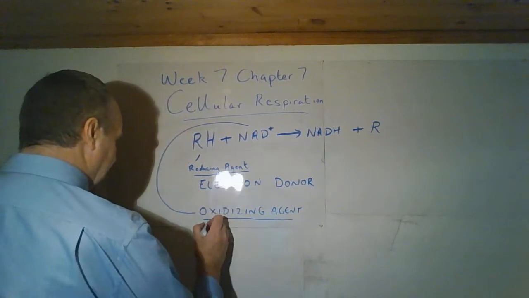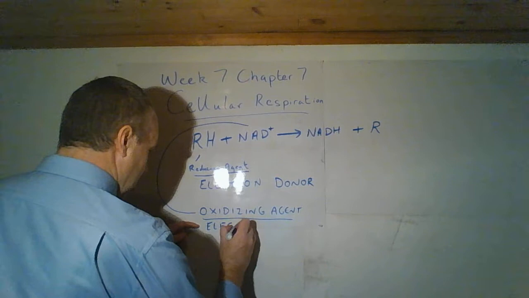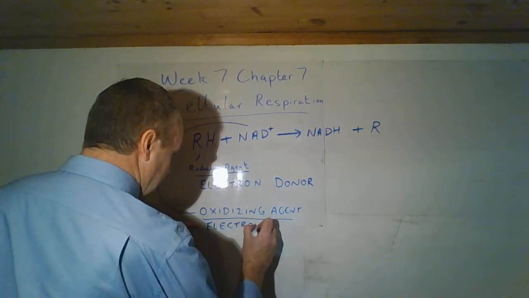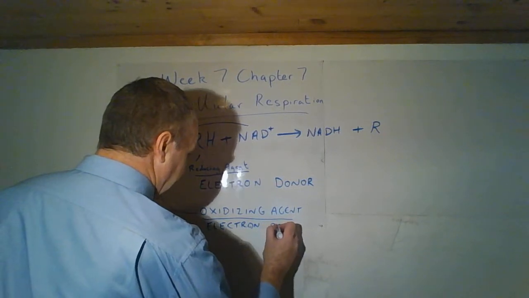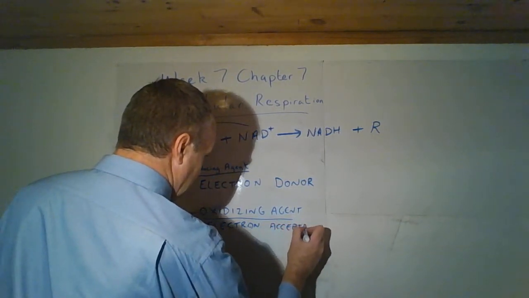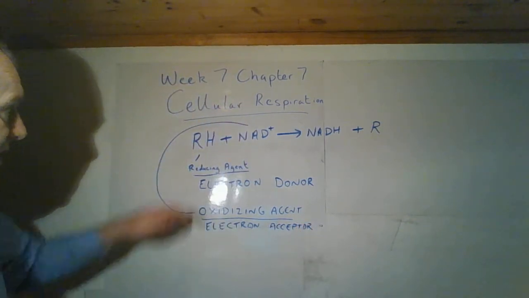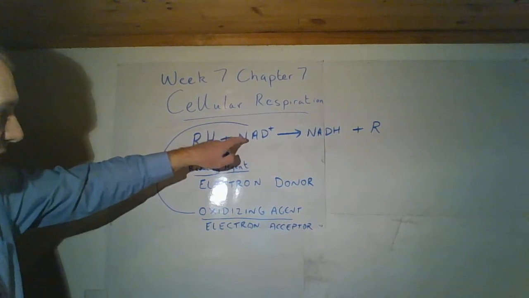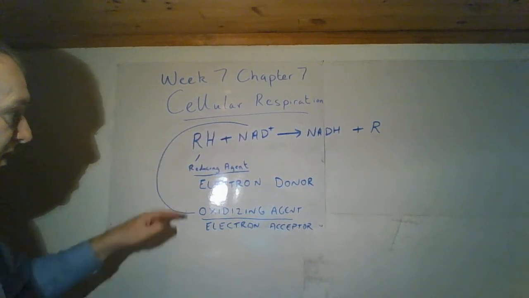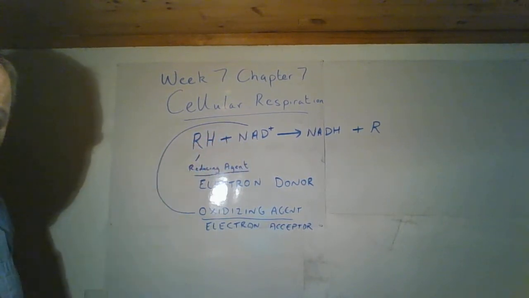So it is an electron acceptor. So what we would say is that this one is reduced and this one is oxidized. And this is the oxidizing agent, and this is the reducing agent.